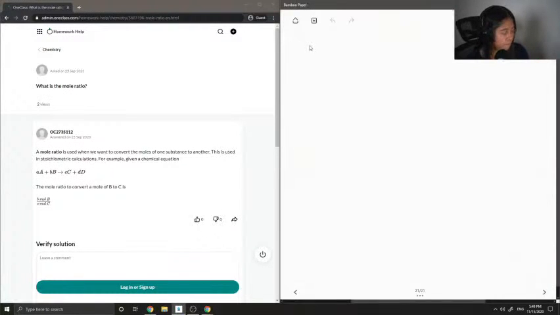Okay, so moving on to question number 5. What is the mole ratio? So I'll just write out the general definition of a mole ratio.